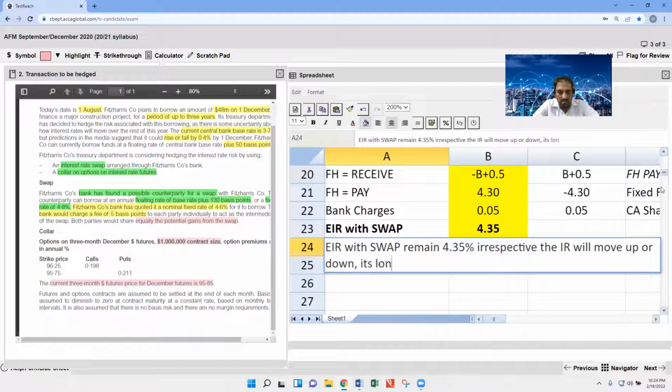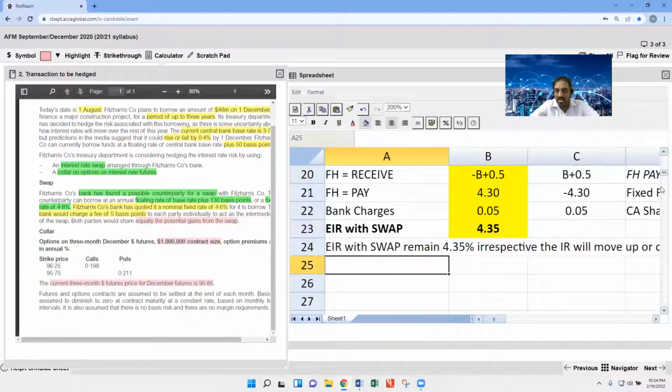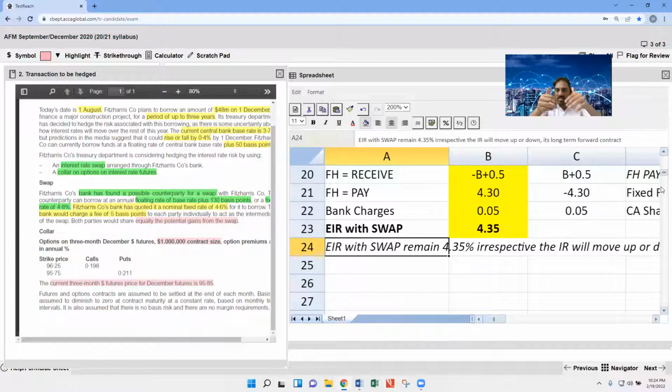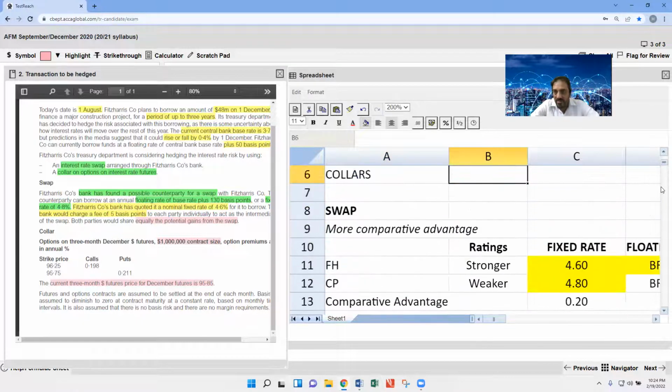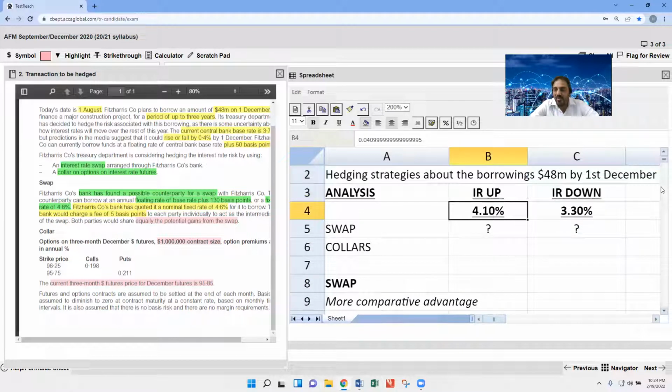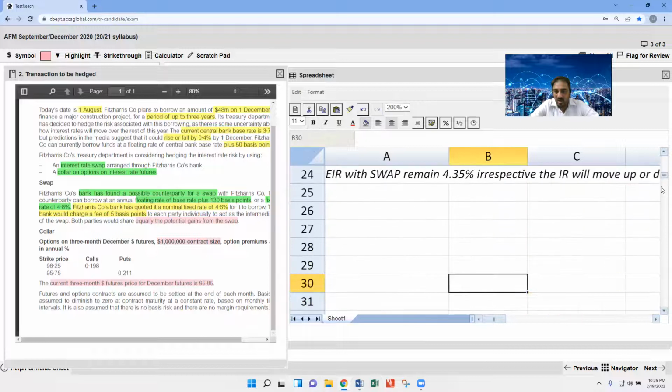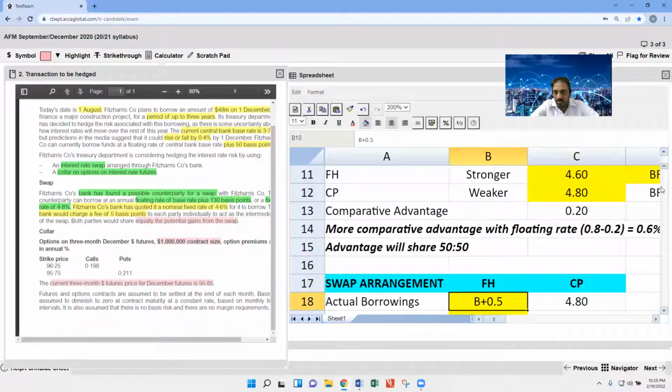It's a long-term forward contract, and just for the testing, put the figure here. For example, if interest rate become 4.1%, incorporate this.